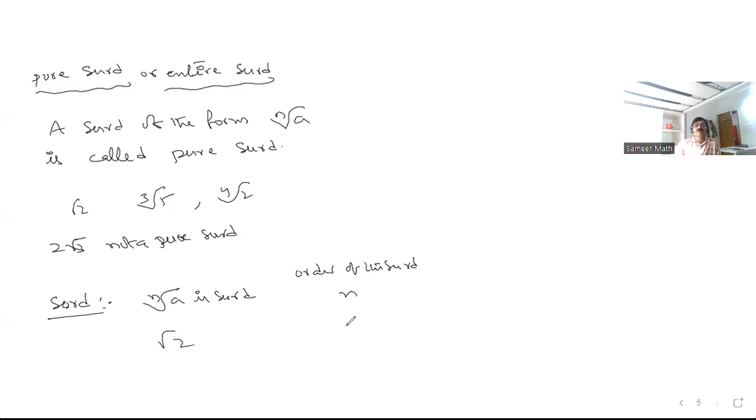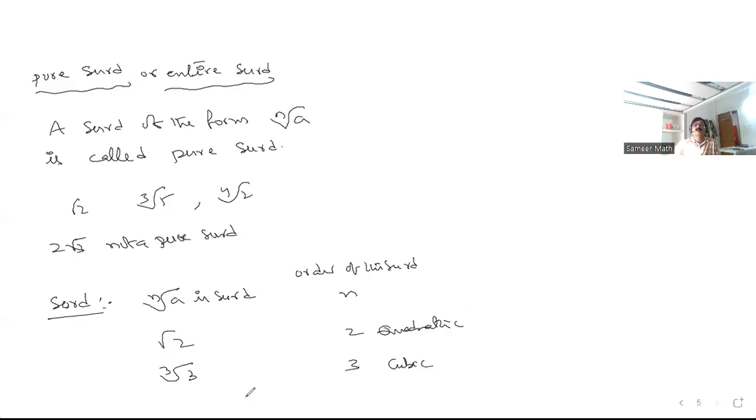Suppose I write root 2, what is the order here? 2. If I write cube root, what is the order here? 3. So this is called quadratic because the order is 2. Sorry, not binomial, quadratic. What about this one?